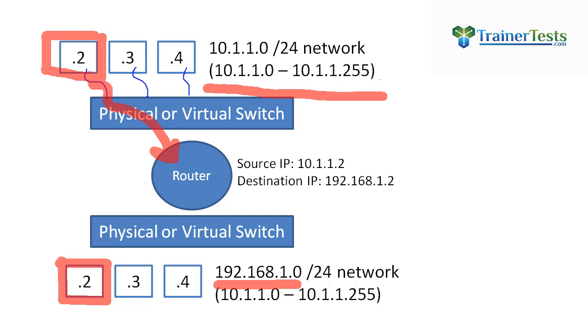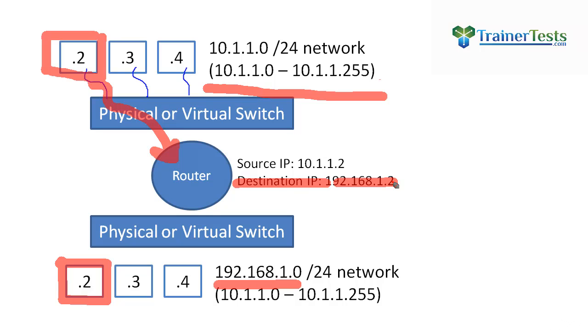When the packet arrives at the router, it'll have a source and destination IP address. The router will open up that packet and analyze the contents of that packet, and it'll say, okay, the source IP is coming from 10.1.1.2. The destination IP is 192.168.1.2.